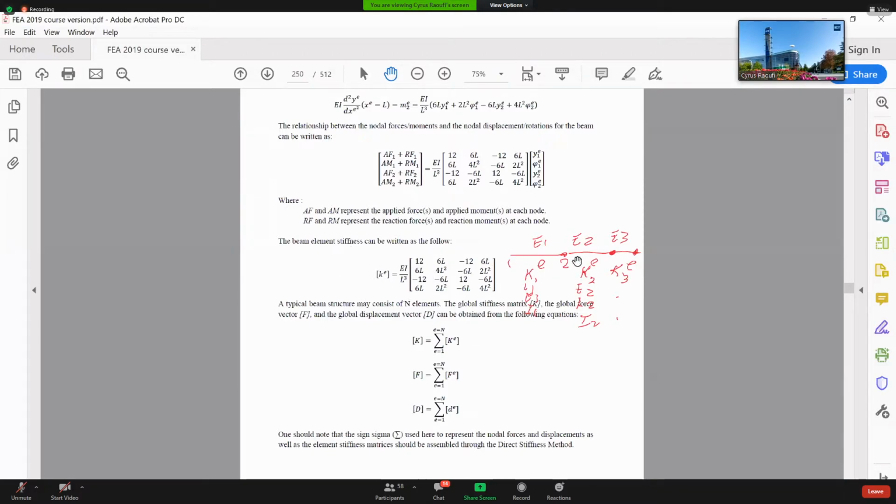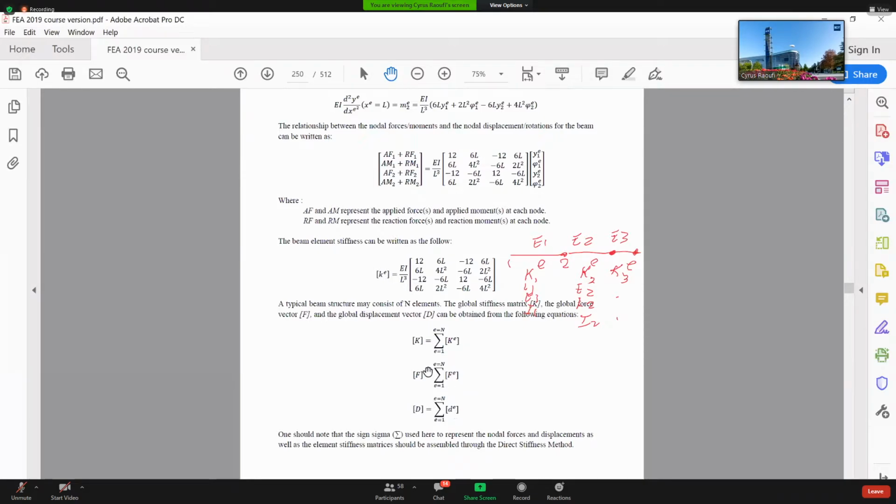Now, if you are looking at the whole structure, which is the beam, in this case 3 segments, then you need to end up with an assembly of those elements. We are going to do that using the direct stiffness method. Capital K represents the summation of all of those K elements, capital F represents the summation of the elemental nodal forces, and D represents the summation of those displacements.